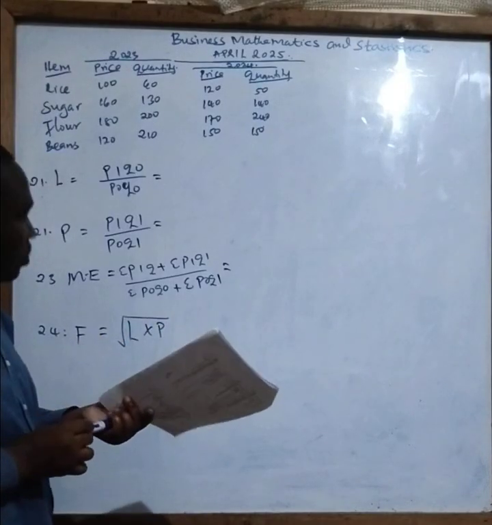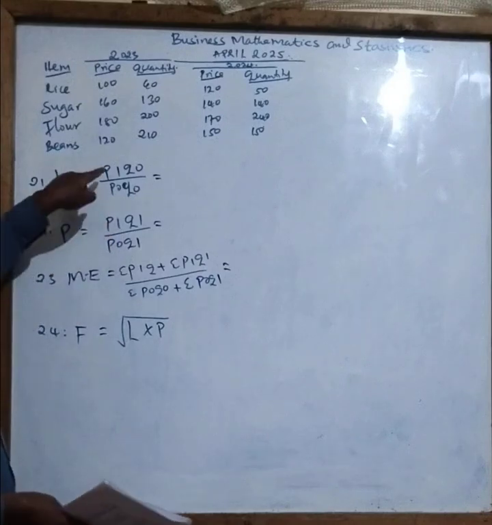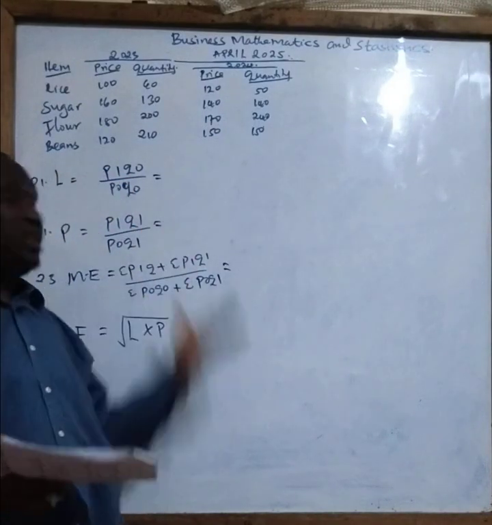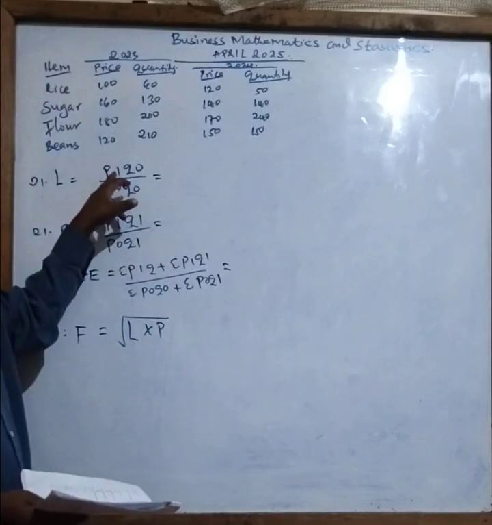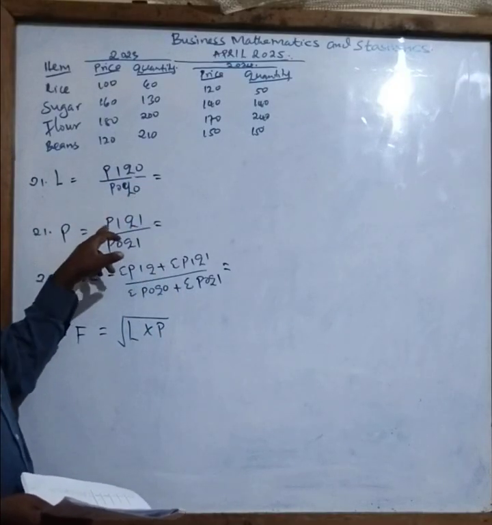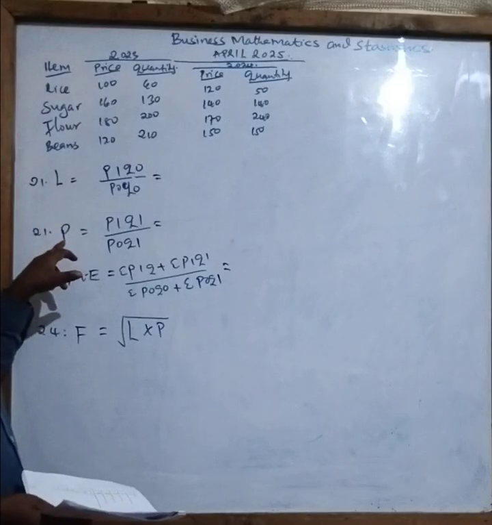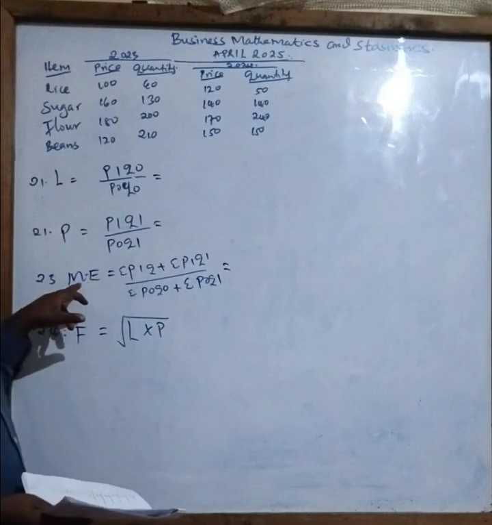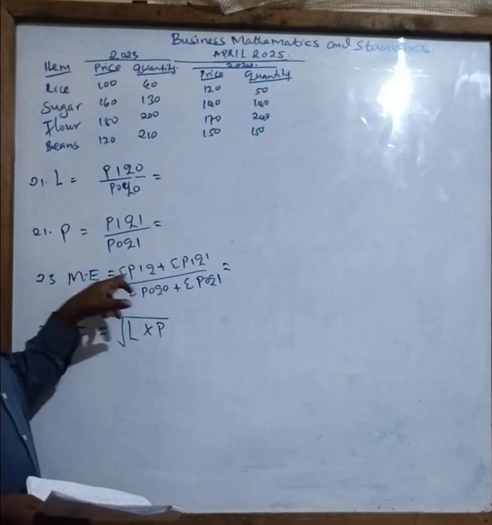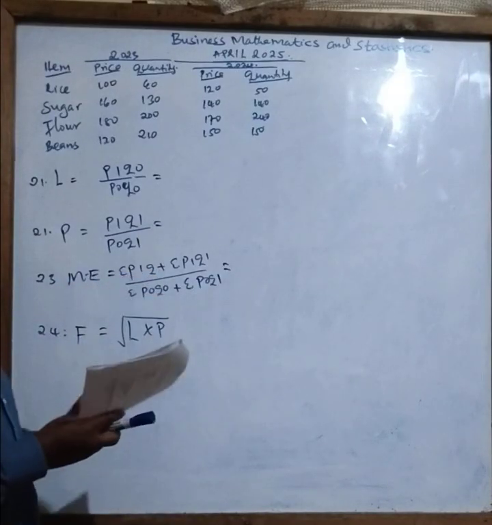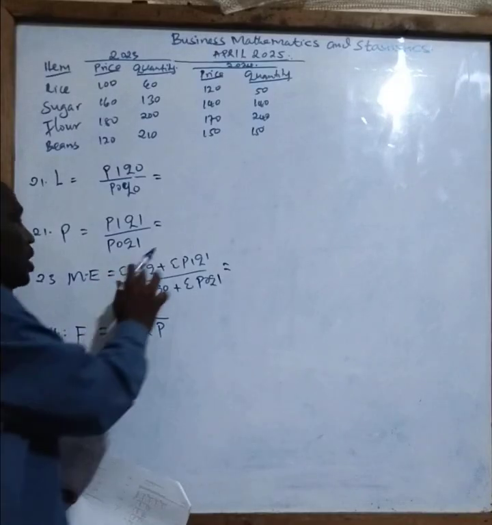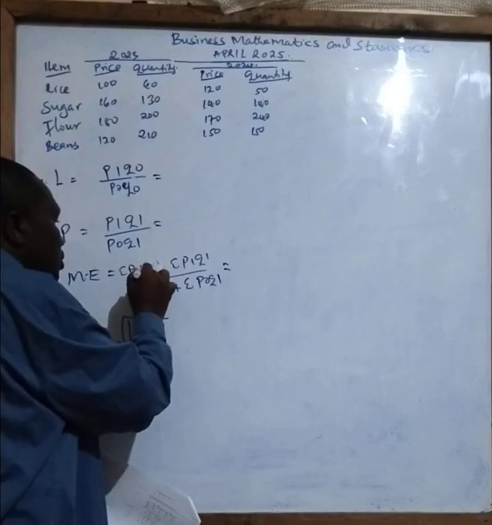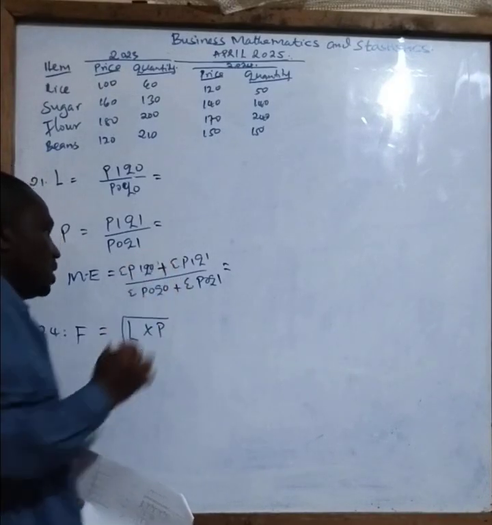This is for the purpose of understanding and grasping the formula. So I've said it is P1Q0 over P0Q0 for the Laspeyres. Then for the Paasche it is P1Q1 over P0Q1. Then the Marshall-Edgeworth is the summation of P1Q0 plus the summation of P1Q1, over the summation of P0Q0 plus the summation of P0Q1.